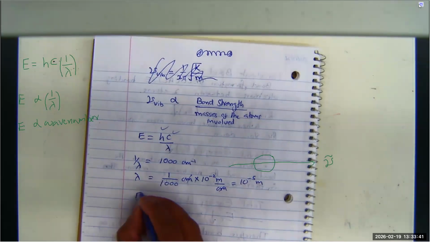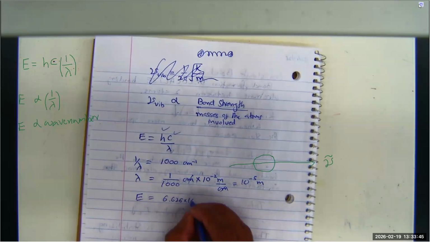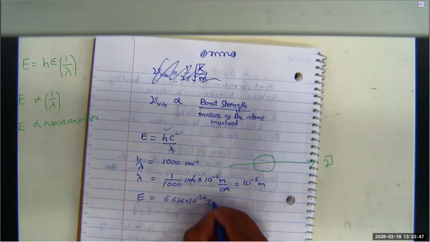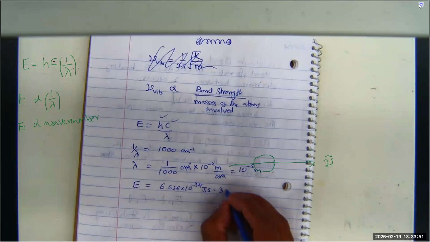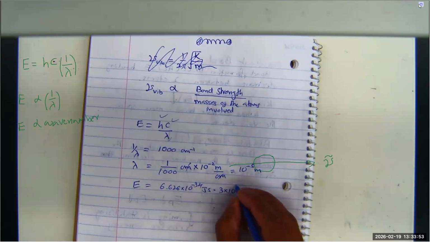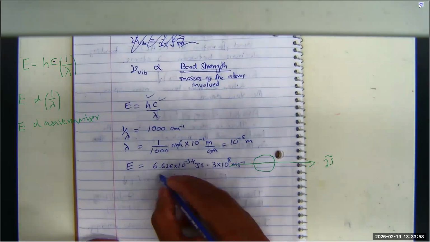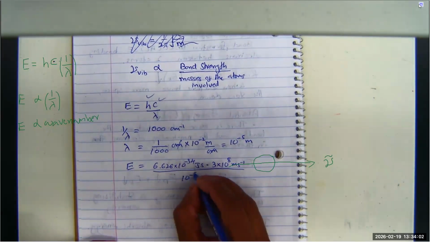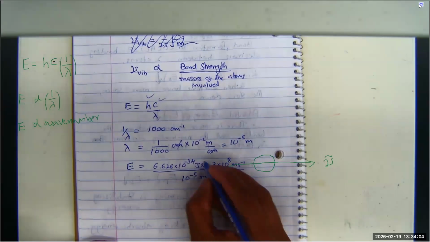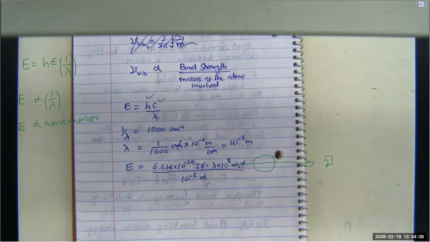We take that to our equation, and h is 6.626 times 10 to the power of -34 joule seconds. I don't know why I remembered that. And then c is the speed of light, 3 times 10 to the power of 8 meters per second. I try to forget about these things. And then divide this by the wavelength, which is 10 to the power of -5 meters. Seconds cancel out, meters cancel out, and you're going to get the energy in joules.